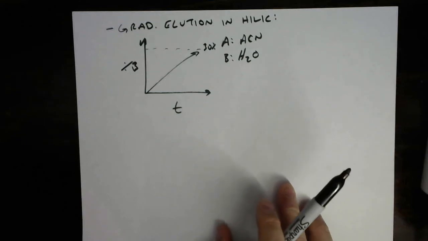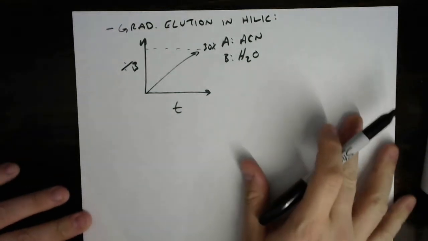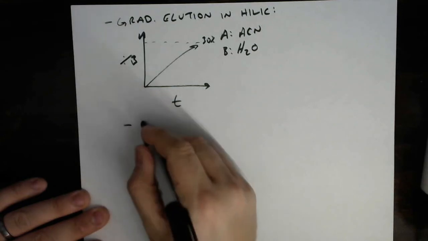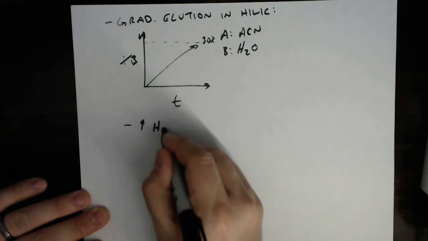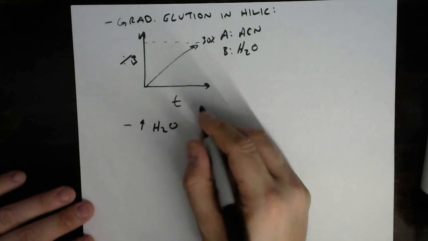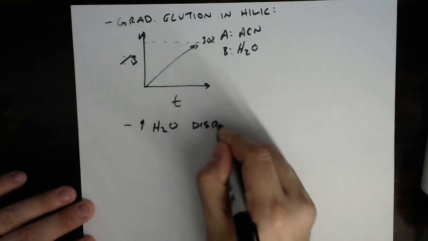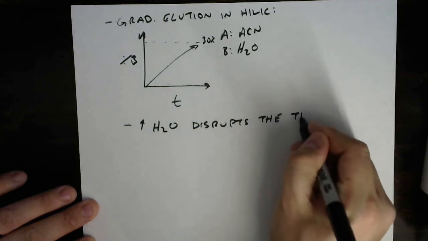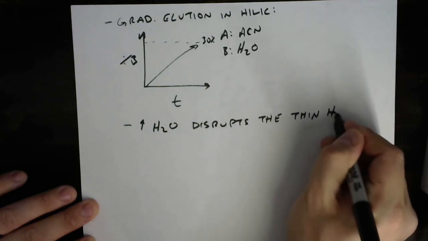And there's a couple of, again, I'm going to be honest here, hypothesized mechanisms by which this works. So the first thing is that increased H2O disrupts the thin water layer.